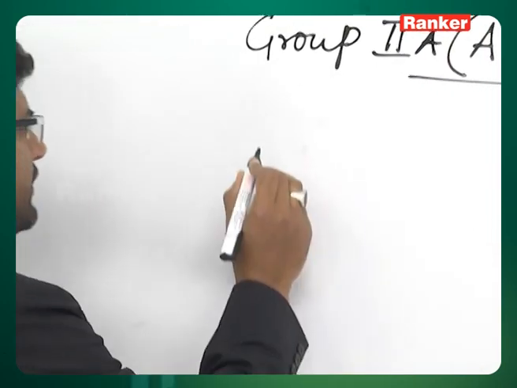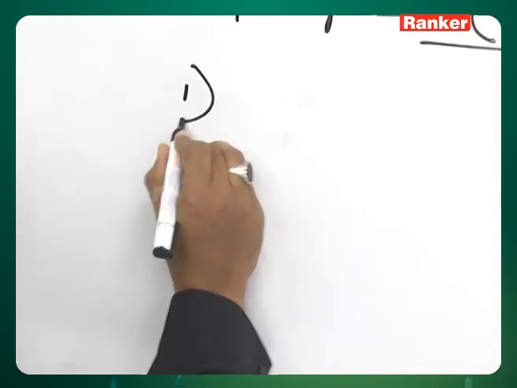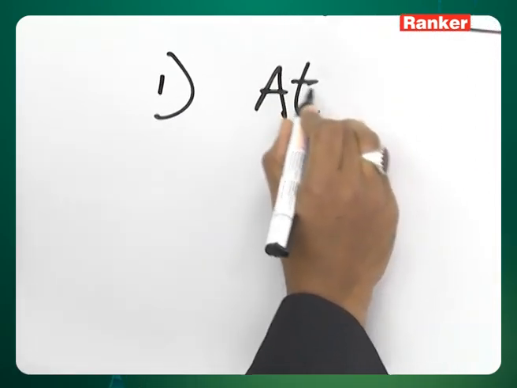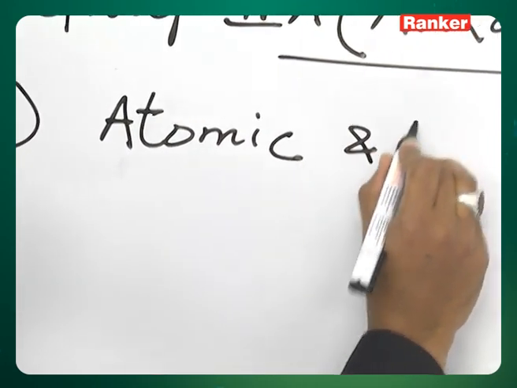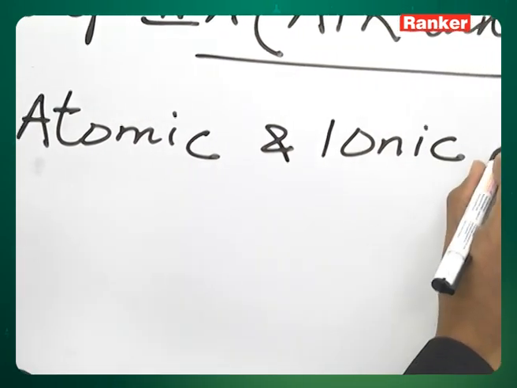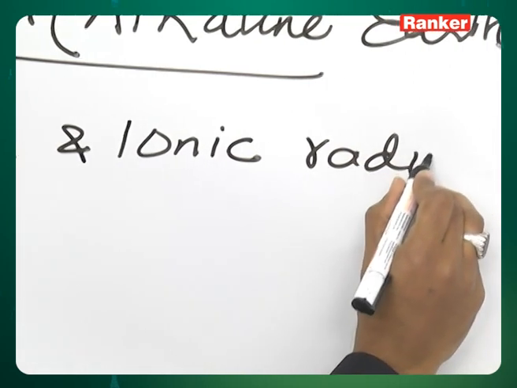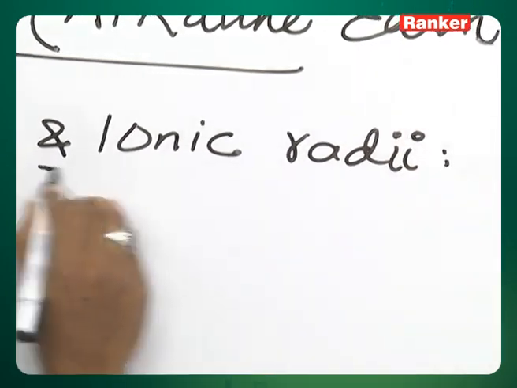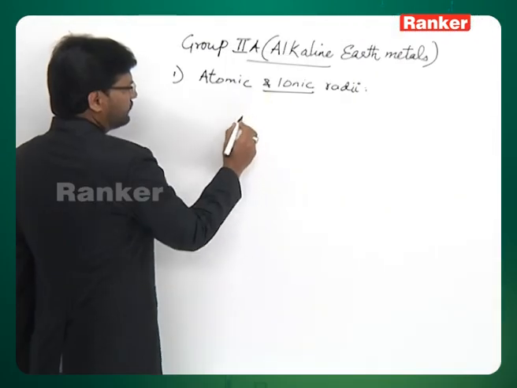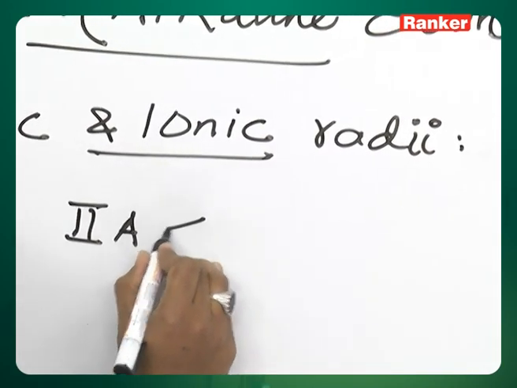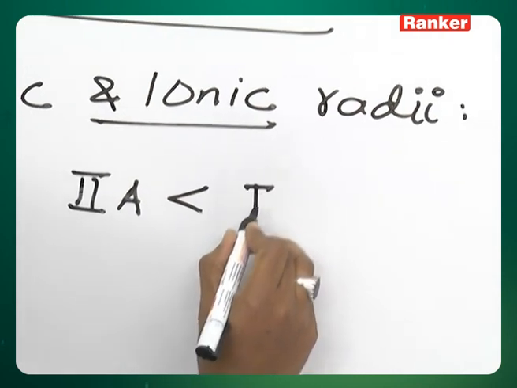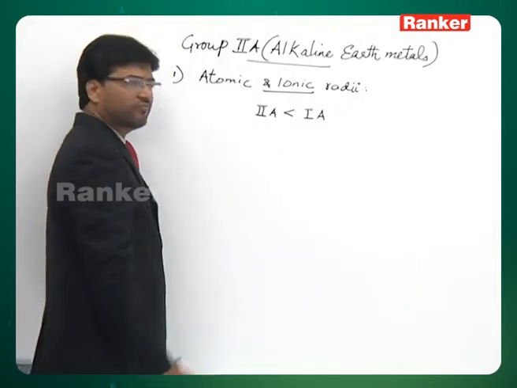Now regarding properties, number 1, atomic and ionic radii. See, if you compare atomic and ionic radii, 2A metals are smaller than corresponding 1A metals.